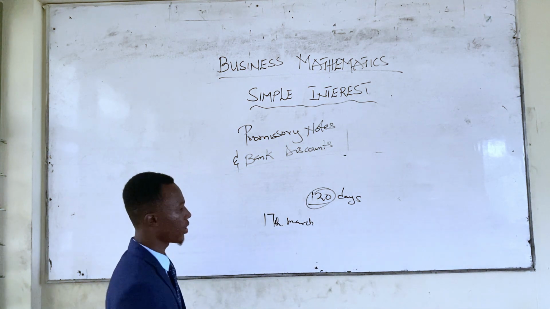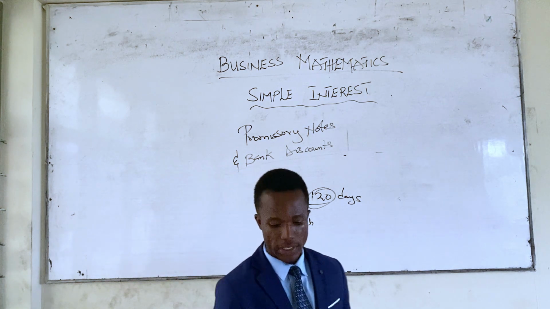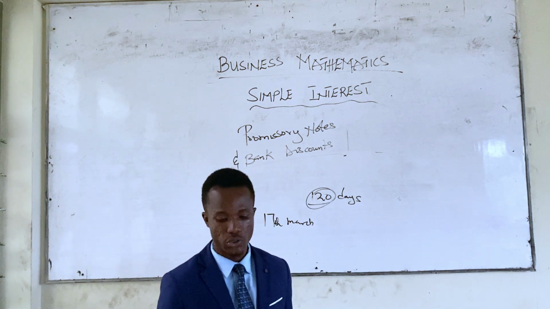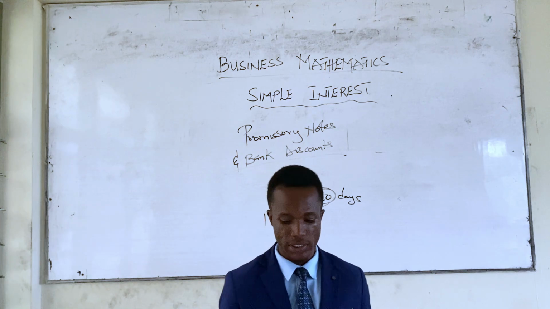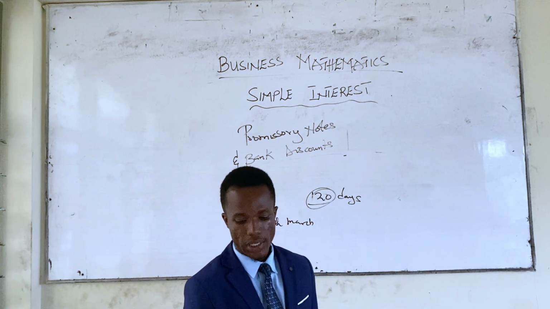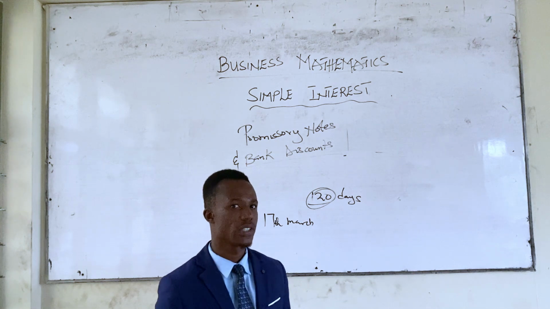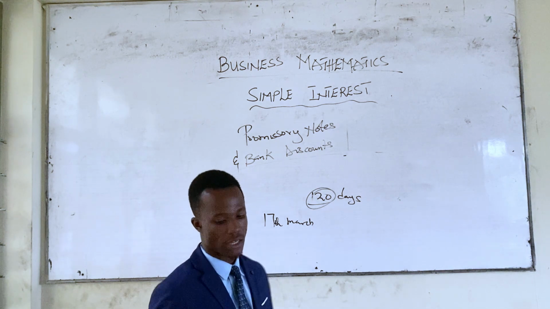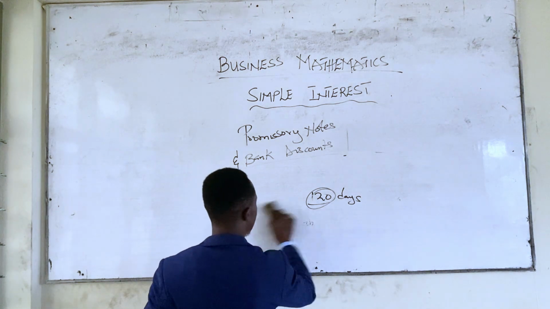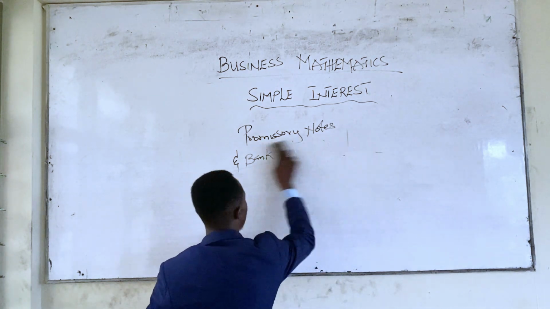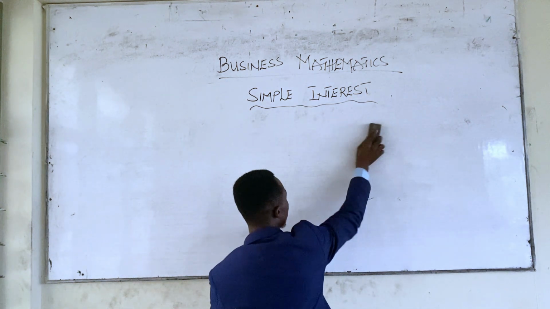For the discount amount, I wrote the formula on the board: your maturity value times your discount rate times the terms. Then finally, you compute the proceeds, which is the maturity value minus the bank discount. So let's take a question and look at how to solve it.